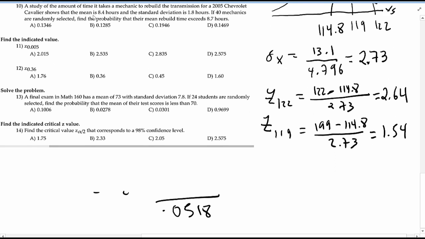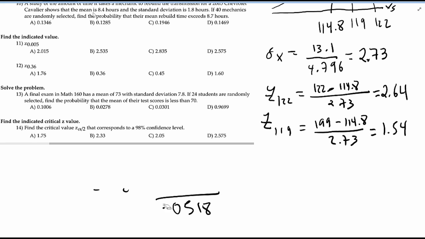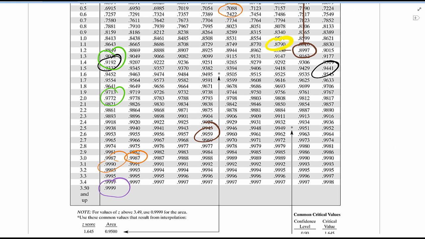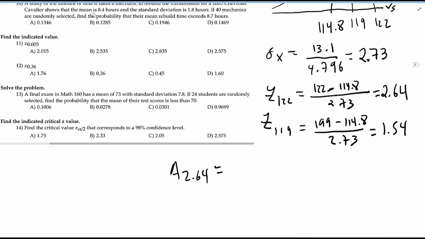All right. Let's see if we can get a better value here, although it seems that we have the same numbers. The area corresponding to the z value 2.64, the area below that z value, is 0.9959.